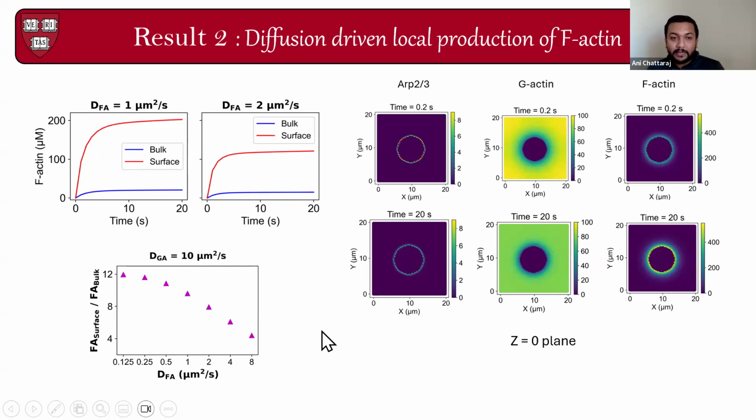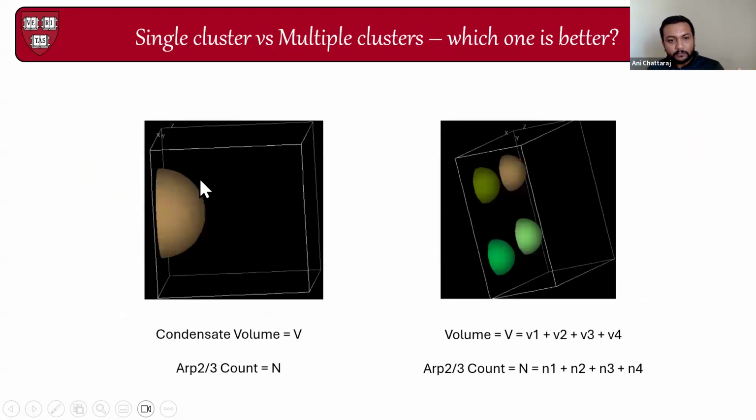So this is a dynamical or kinetic property, because diffusion is a kinetic parameter. If something changes as a function of diffusion, this is not a thermodynamic behavior, this is rather a kinetic behavior. So the accumulation of F actin at the vicinity of the cluster is a function of the diffusion of G and F, and that's why the surface enrichment of F actin is a kinetic phenomenon.